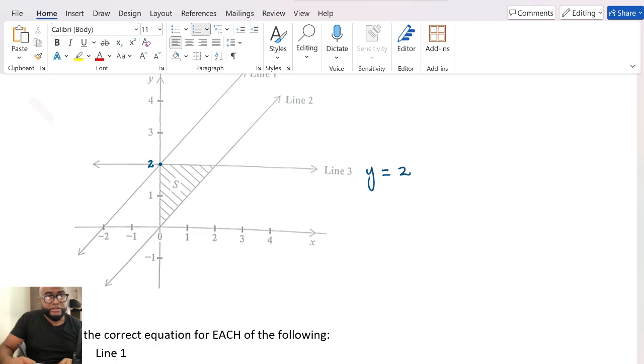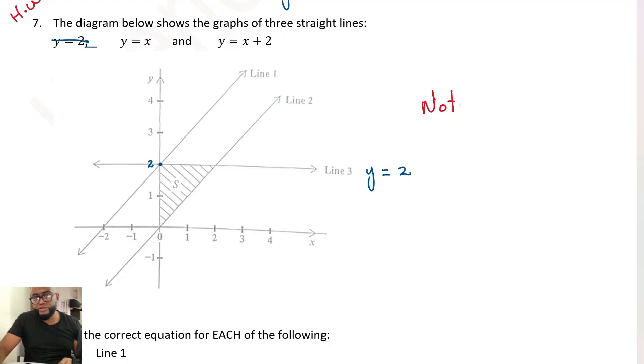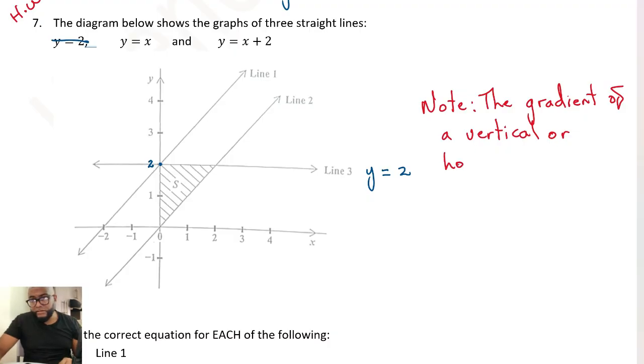Let us put that as a note, in red: note, the gradient of a vertical or horizontal line is 0. Everybody good there? The gradient of a vertical line or a horizontal line is 0.